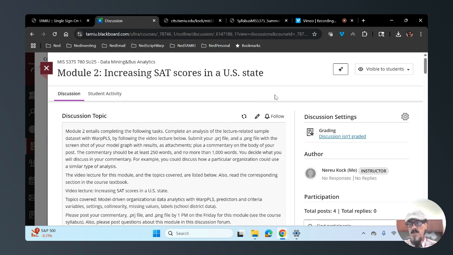The commentary can stay as it is, you could just reply to your own posting with the two attachments that are being requested in the proper format, one as a .prj file, the other as a .png file.